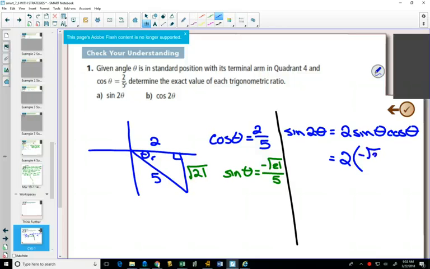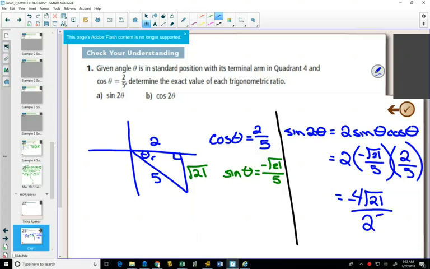Sine of theta is negative root 21 over 5, and cos of theta was positive 2 over 5. Multiply fractions together, multiply my numerators. I'll get negative 4 root 21, multiply by denominators, over 25.